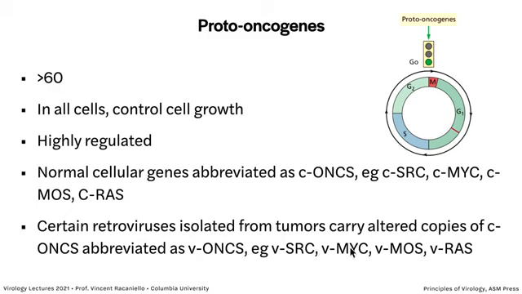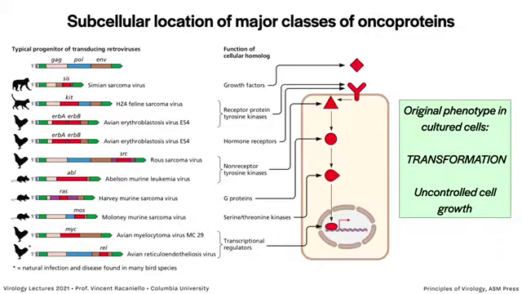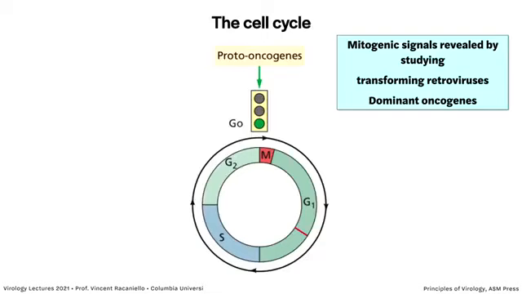But in other cases, the V-MYC has a few mutations that distinguish it from C-MYC and maybe make it more active in driving cell division. So those genes are all involved in this pathway, which is regulation of cell growth via control of the cell cycle, via control of entry into mitosis specifically.